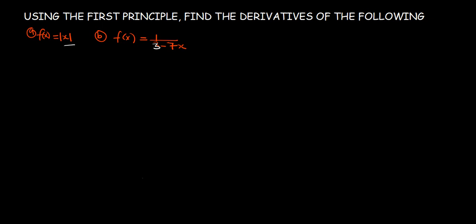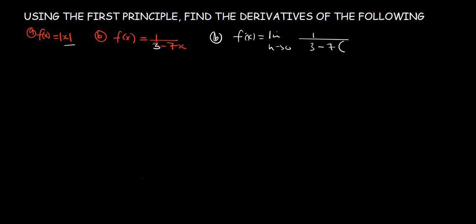So now coming to this guy, we apply the formula. So that's B. Now we apply the same formula. f prime of x is equal to the limit as h approaches 0 of f of x plus h.